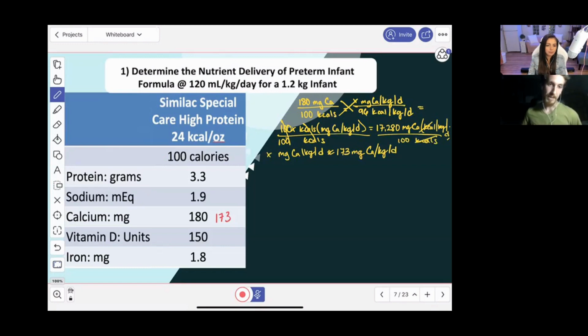We promise. This is especially true for what we're about to do next, which is the vitamin D, which has an extra step that is very important. You don't want to mess it up because you will not get it right. But with that in mind, it's going to start off the same way.